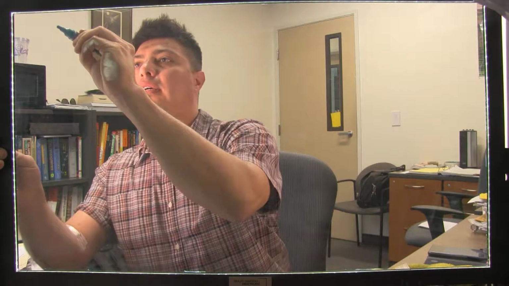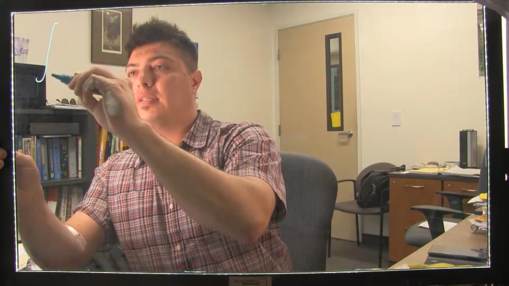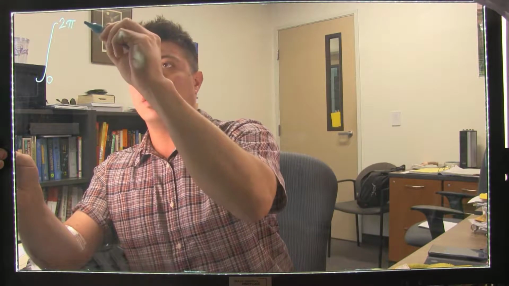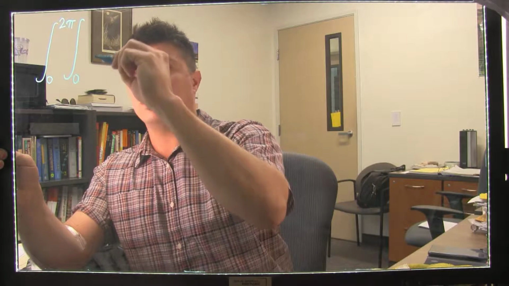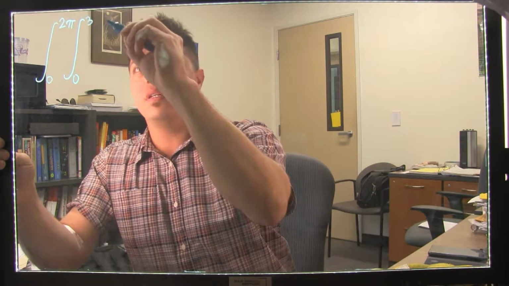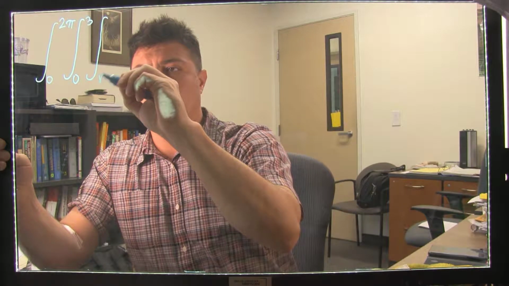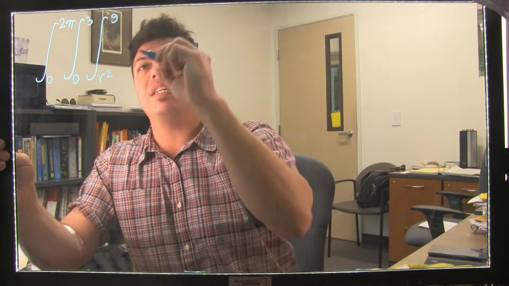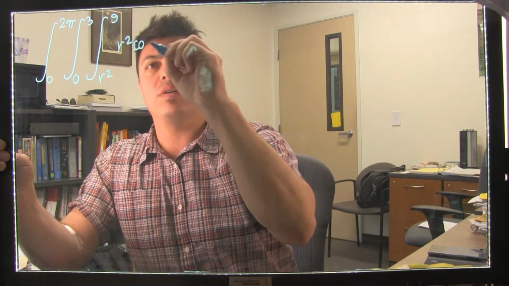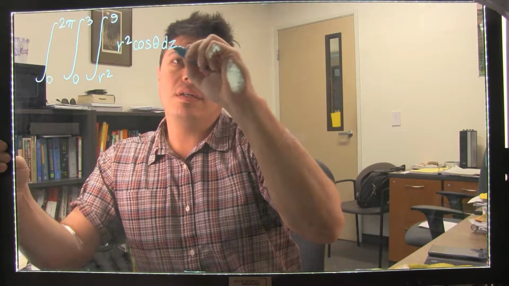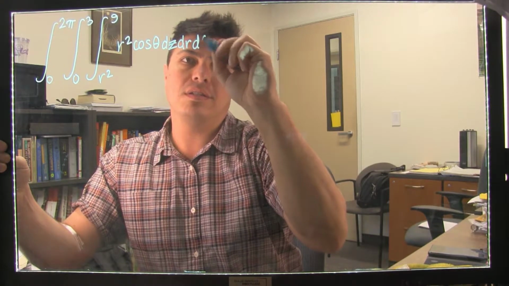Let's regroup here. We're going to write out the expression again. We got 0 to 2 pi, and 0 to 3, and we have r squared to 9, and then we're going to do r squared cosine theta dz dr d theta.